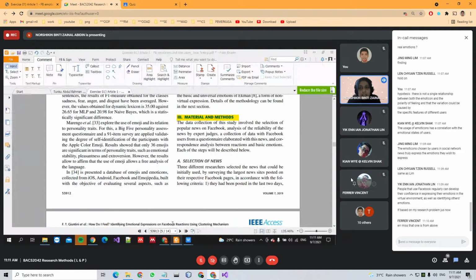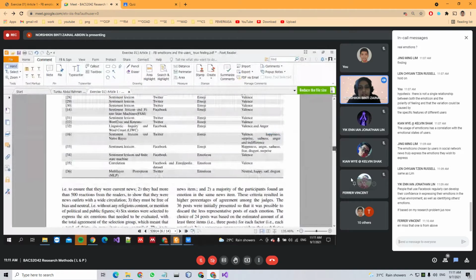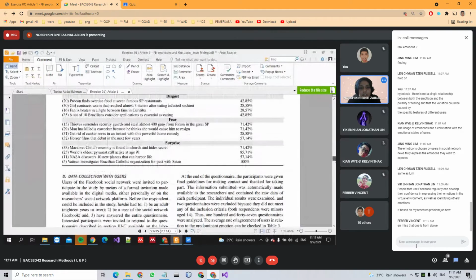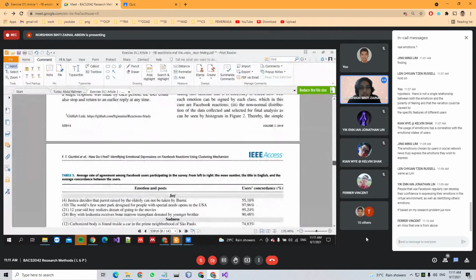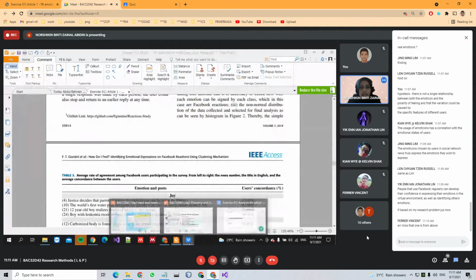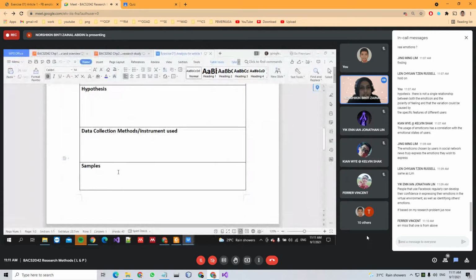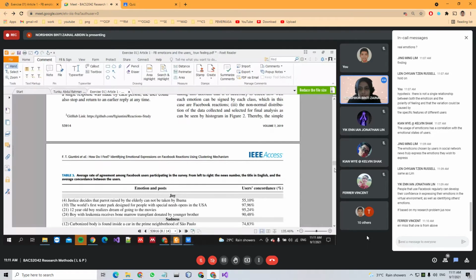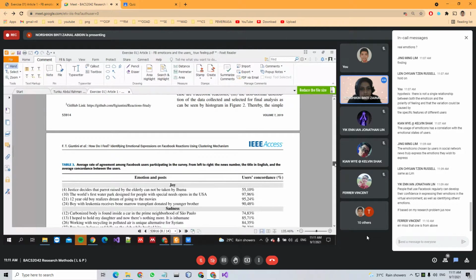Yeah, this part here, how they get the data or the sample of the data. That one for you to think, data collection, and for sample. What's the sample here?